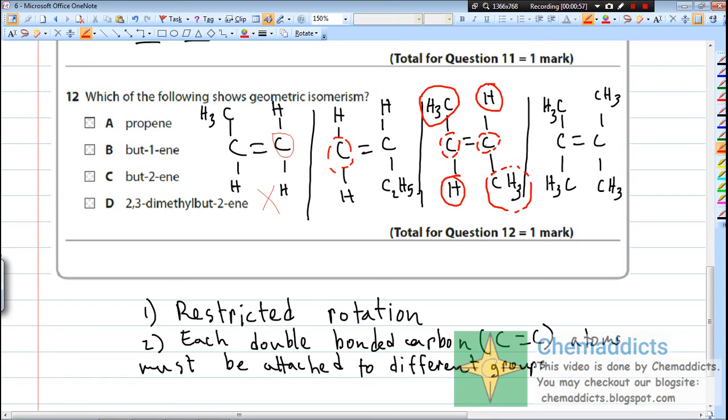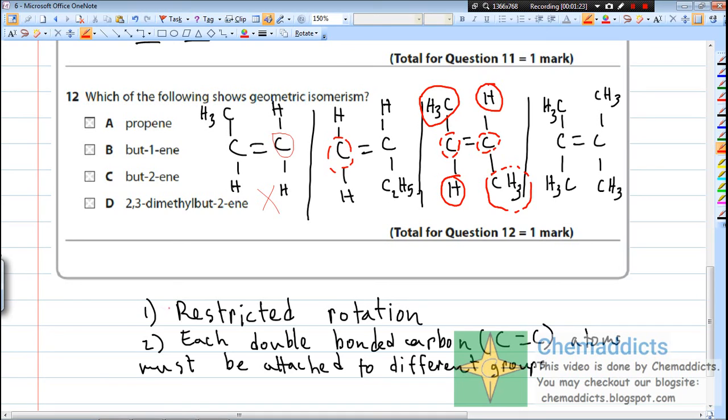So we can see that this carbon atom is attached to two different groups, and this particular carbon atom is also attached to two different groups. So here, geometric isomerism is possible. This molecule fulfills the criteria of geometric isomerism.